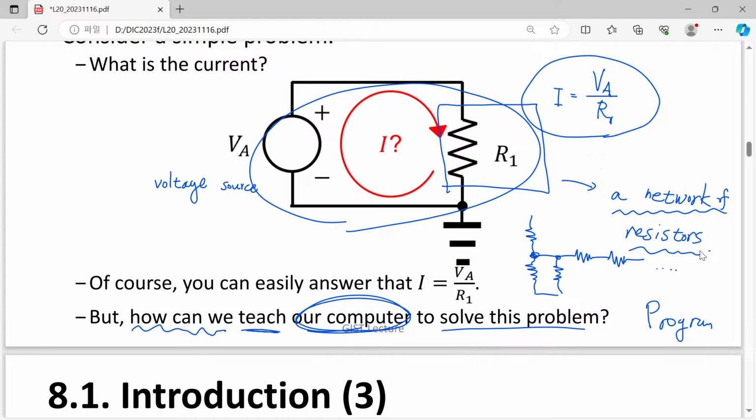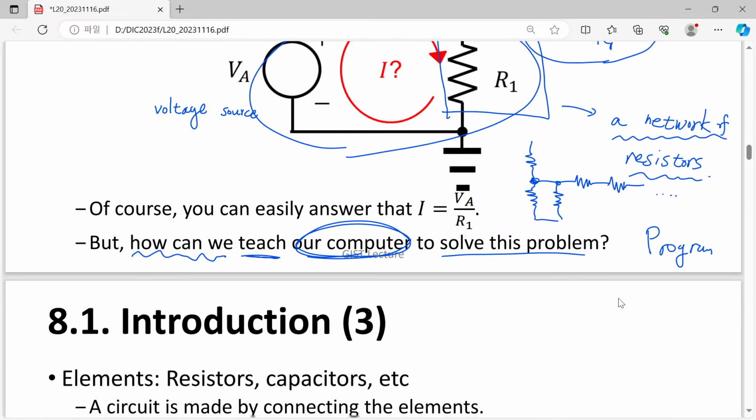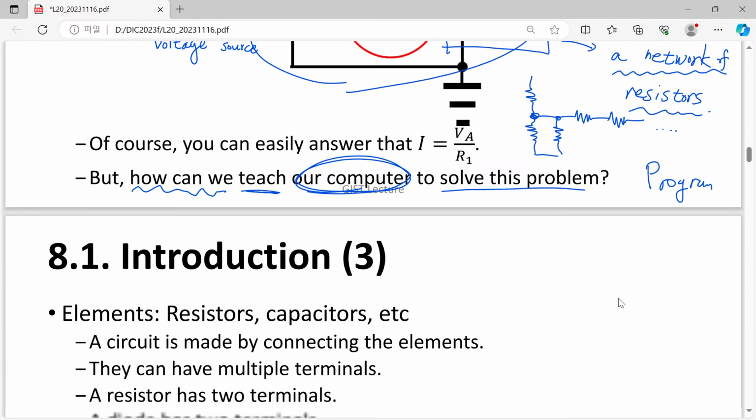That is difficult for us, although we understand the principle, because the numerical calculation will be quite difficult. But once we have the program, then it is quite an easy task. So that's the reason why we want to build the program.